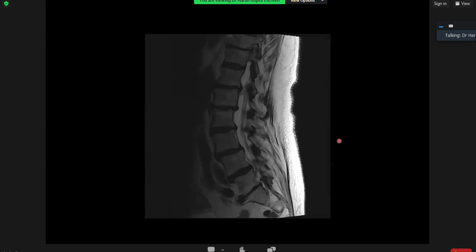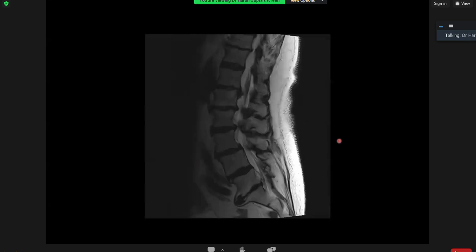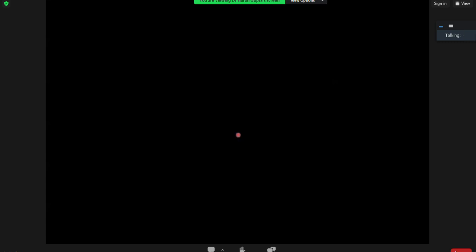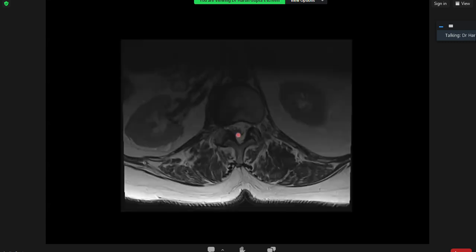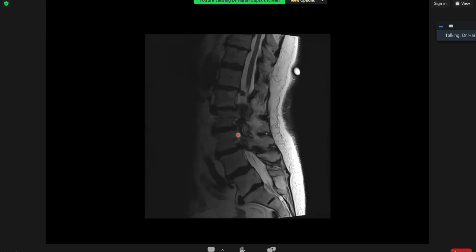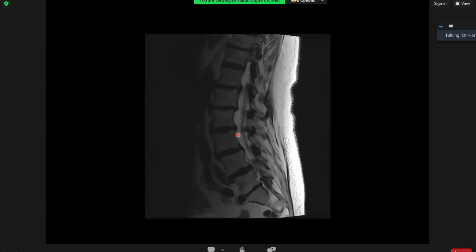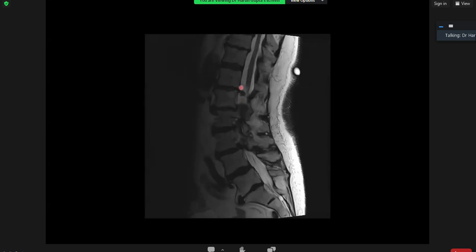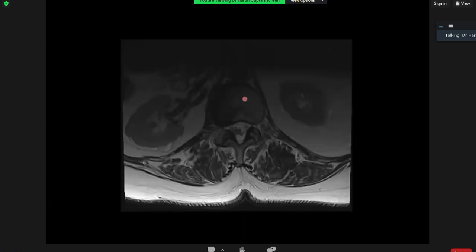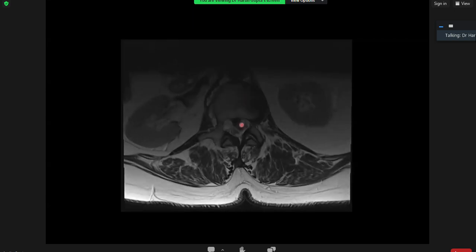Now, this is another case where there is extensive degenerative change. And when we look at the extensive degenerative change, we see a low signal component extending into the thecal sac. And when we keep looking at it, we find that there is a low signal abnormality extending into the thecal sac.